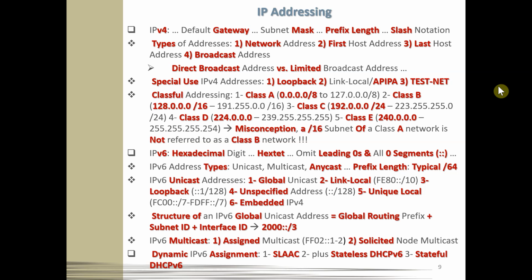In IPv6, this is doable thanks to ICMP version 6. The way that a device obtains its prefix length and default gateway from an IPv6 router can be divided into two phases. In phase 1, the device sends a router solicitation message to all IPv6 routers.